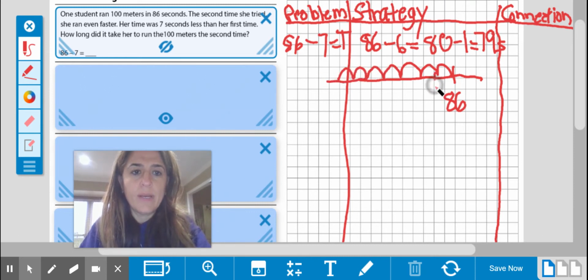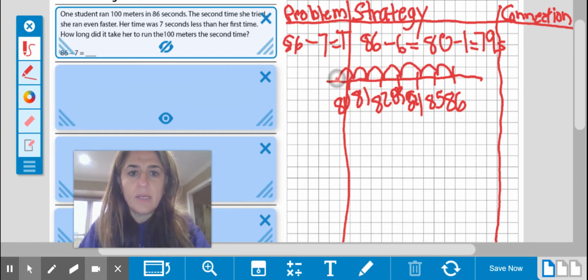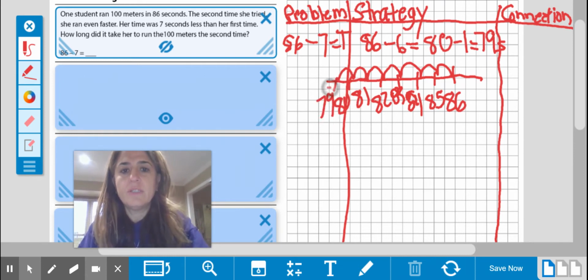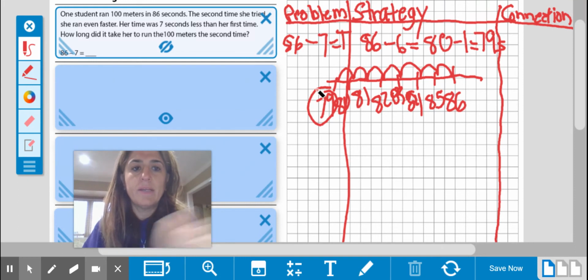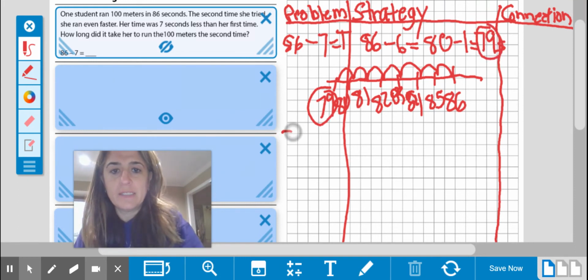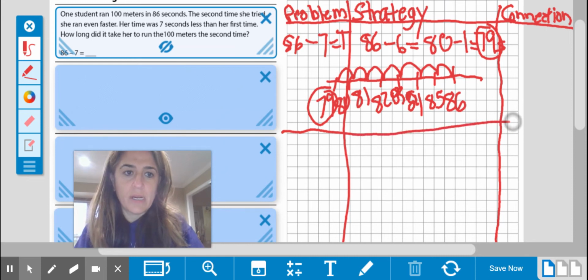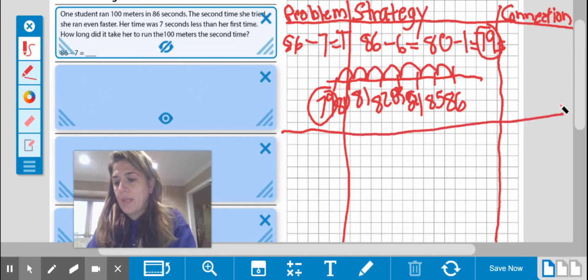And then where you end up, so you fill in, this is 86, 85, 84, 83, 82, 81, 80, 79. You're still at 79. Answer 79, answer 79. So 79 seconds in both scenarios work.